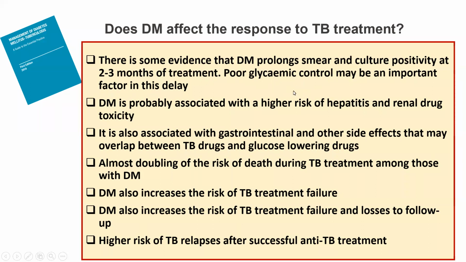If a patient has uncontrolled diabetes, it might have an impact on the patient converting. You might think the treatment is not working, but the uncontrolled diabetes may keep the smear and even the culture from converting to negative. So it has an effect on the response to treatment.